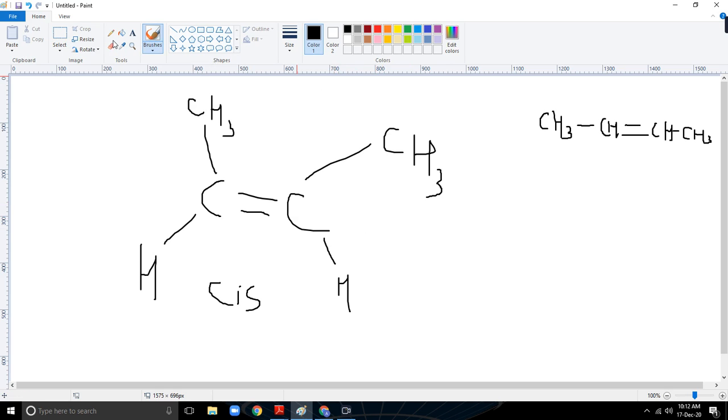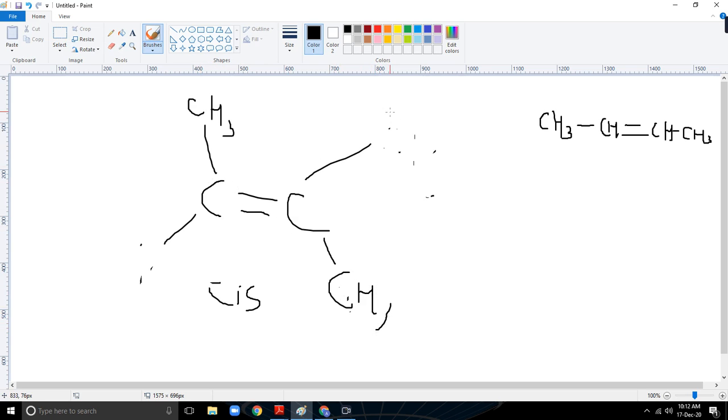In trans, just exchange: CH3 here, on the opposite side.